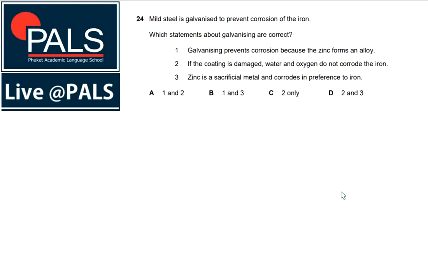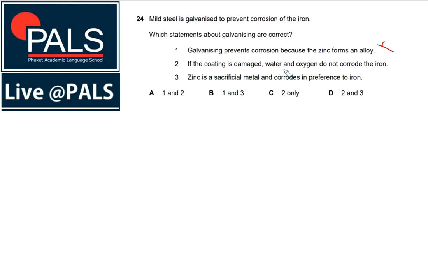So we have the next one. Mild steel is galvanized to prevent corrosion of the iron. Which statements about galvanizing are true? Galvanizing prevents corrosion because the zinc forms an alloy, but this is not the right one. Although zinc does prevent iron from being corroded, zinc does not form an alloy, so this statement is not correct.